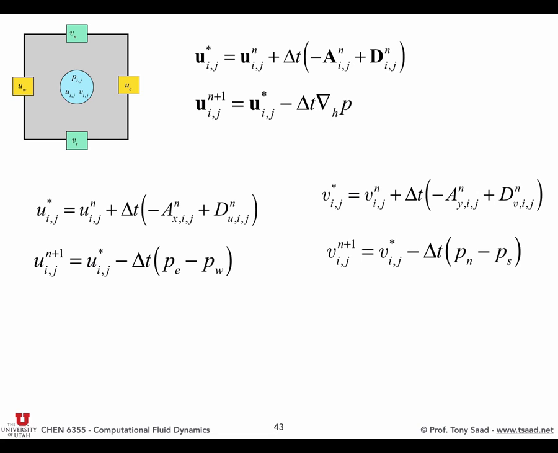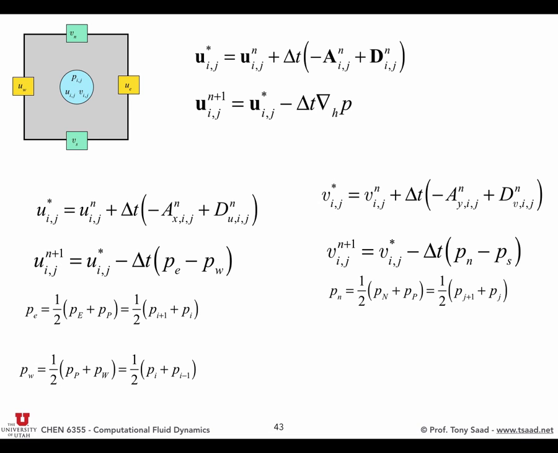So one simple way of doing this is taking a simple average. p east is the average of the east value and the ij value, so p i plus 1 plus p i over 2, and same thing for p west, it's p i plus p i minus 1. Same thing for p north, p j plus 1 plus p j, and p south, p j minus 1 plus p j.